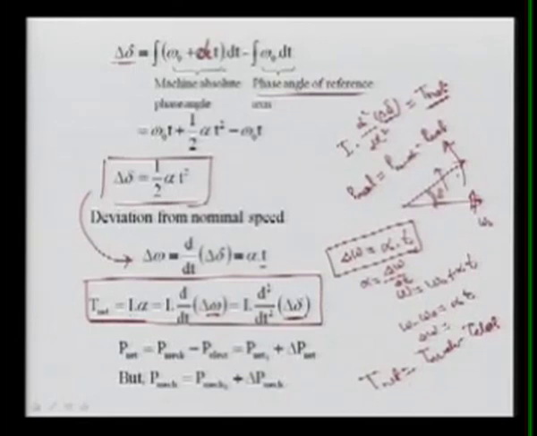So T net is the difference between mechanical and electrical, and the net power is P mechanical minus P electrical. During the initial case, this is P net at the reference, plus some change in P net, or how much we are changing from one value to another.